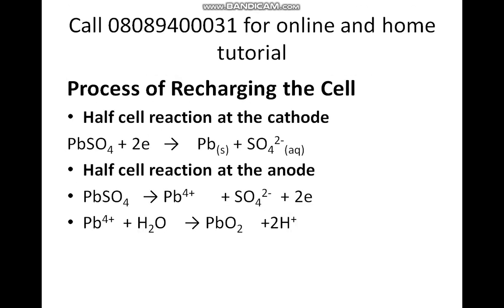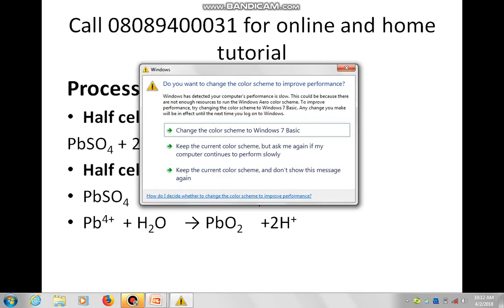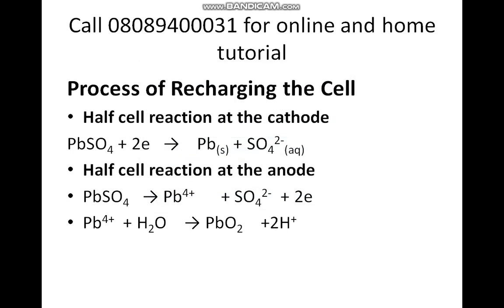The half-cell reaction equation at the cathode during the process of recharging the cell: on the tutorial board is the half-cell equation. The lead(II) tetraoxosulfate(VI) solid gains 2 electrons to give us solid lead and tetraoxosulfate(VI) ion.